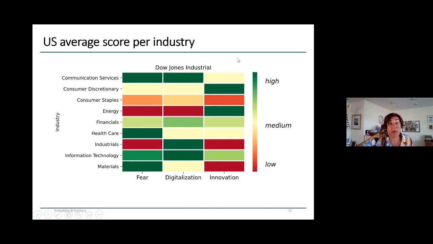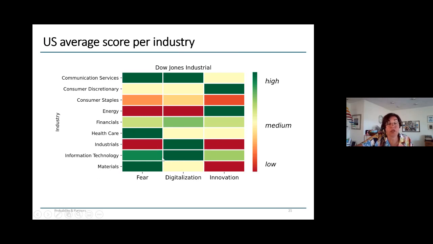Right. So you can, of course, also look at the industries in the exact same fashion by basically averaging those scores per industry. And already here you can see industries that are more or less, let's say, resistant to the emergence of those trends. And of course, as you can imagine, healthcare definitely hasn't got any red blocks.